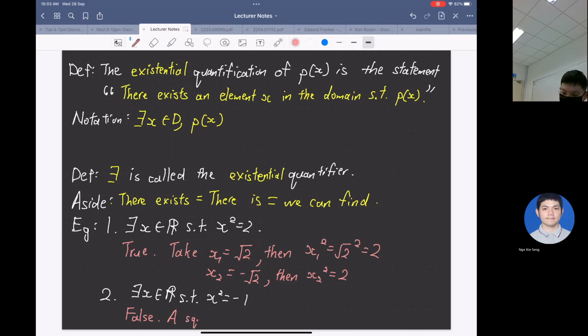A square of a real number is always, well, we cannot say positive because 0 squared is also 0, so non-negative. In other words, for every x in R, x squared is greater than or equal to 0, which is strictly greater than minus 1.